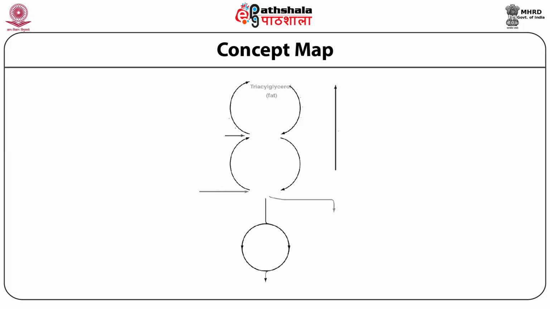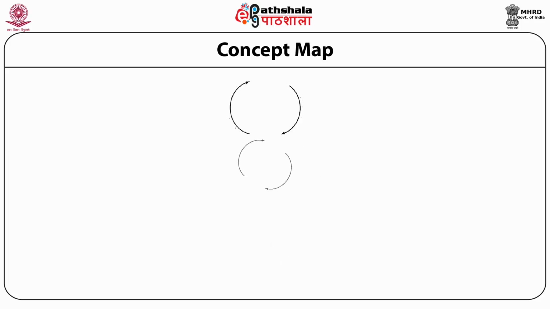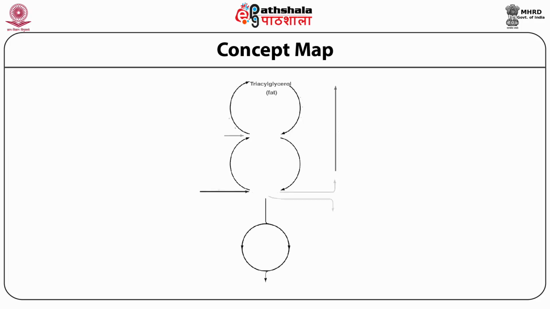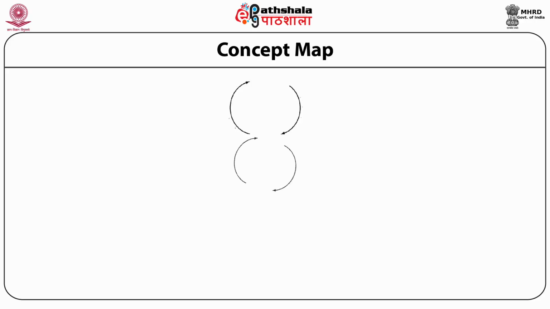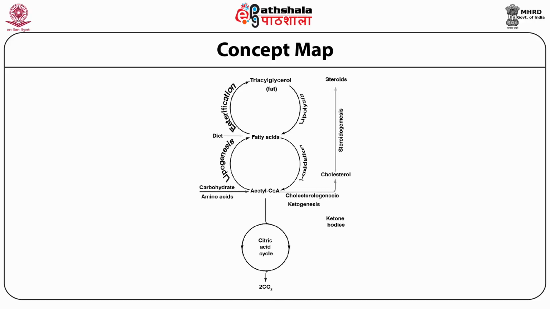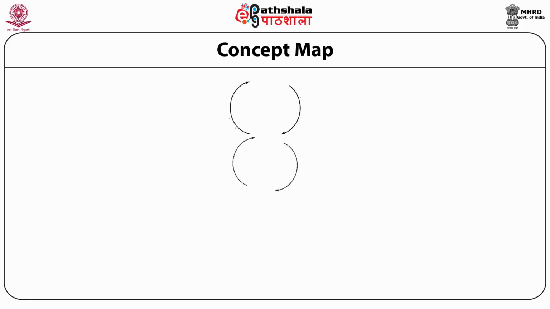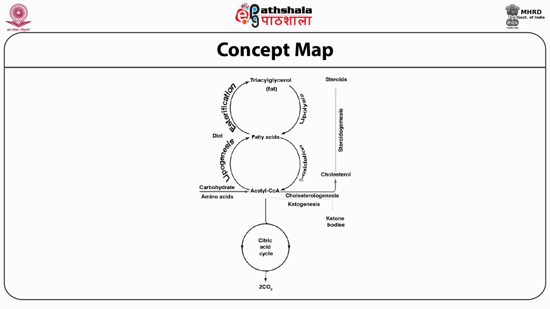In this concept map, we can see how the dietary fatty acids get esterified to triacylglycerol and then broken down through the process of lipolysis into the fatty acids.